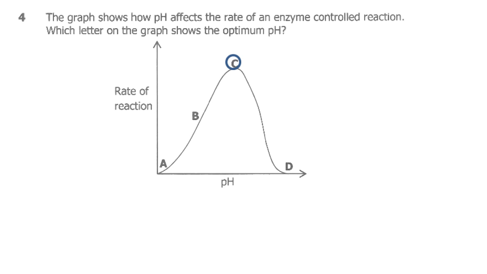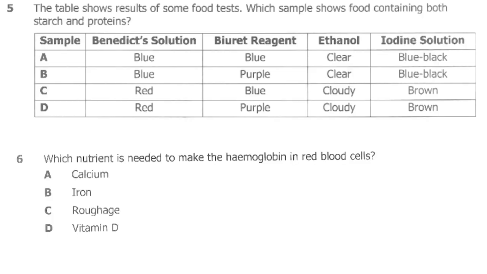Question number 5. The table shows results of some food tests. Which sample shows food containing both starch and proteins? So here is our table, and we have samples A, B, and C. For sample A, using Benedict's solution, which is for reducing sugars, it remained blue.